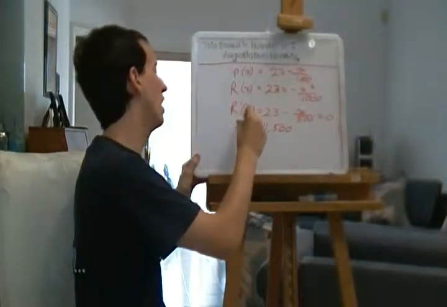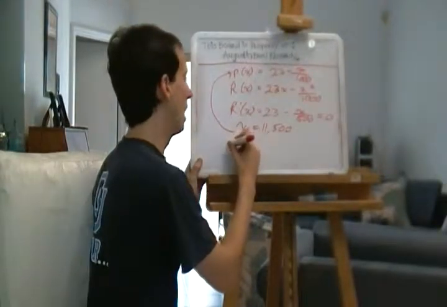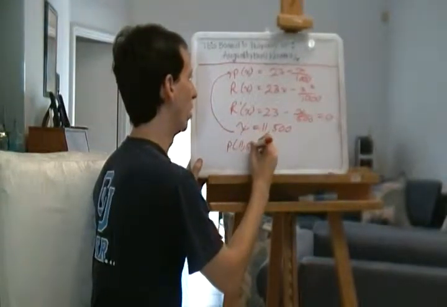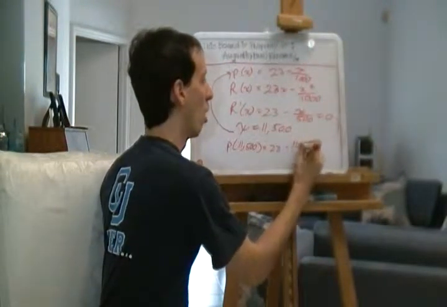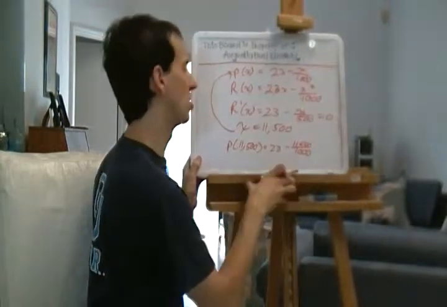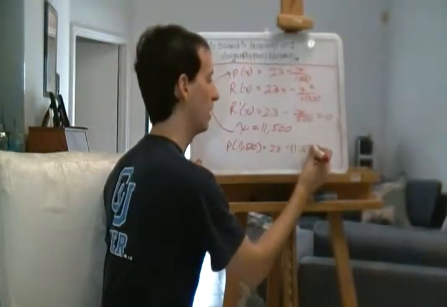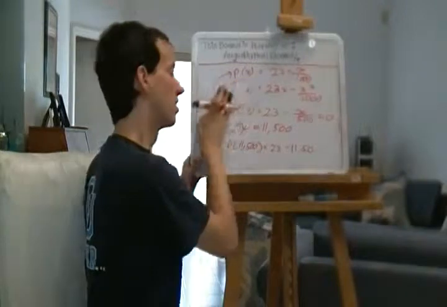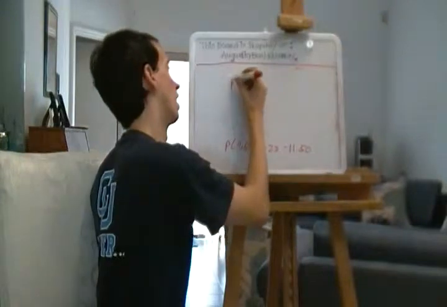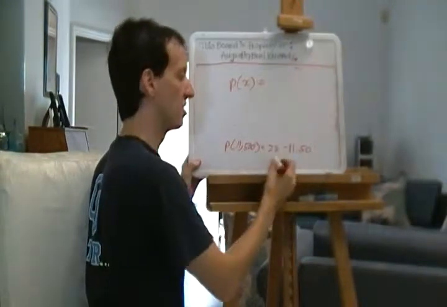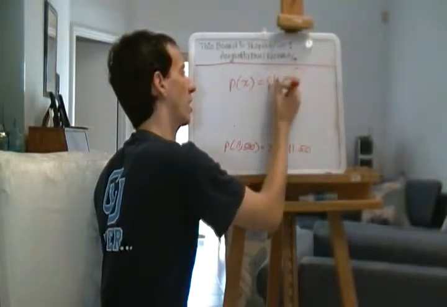Now the key observation to make here is to go ahead and plug that back into the original demand function, and we get P of 11,500 equals 23 minus 11,500 over 1,000, which is really just saying 23 minus 11.50, which is 11.50.